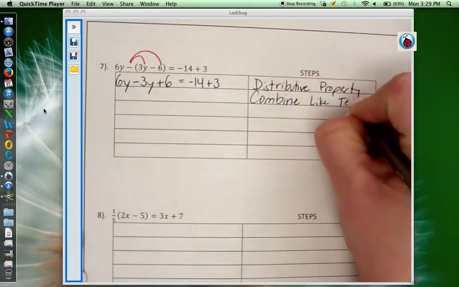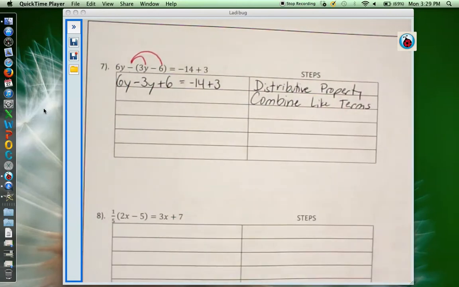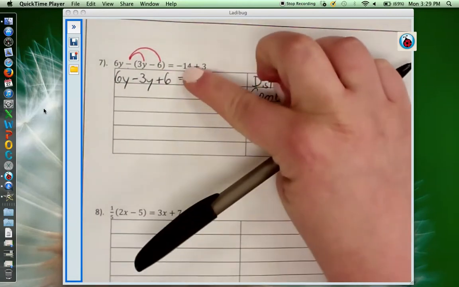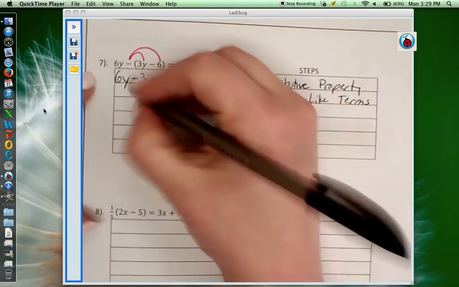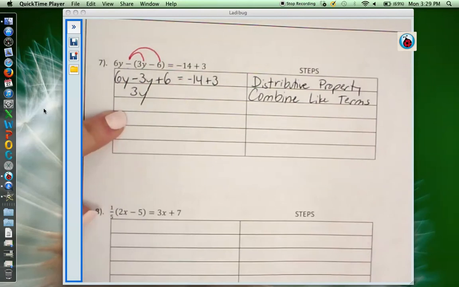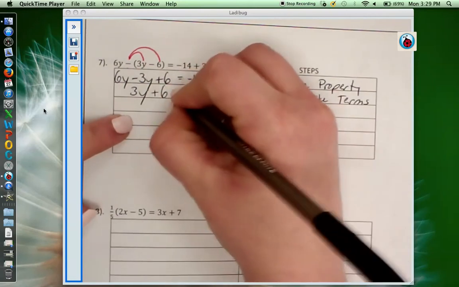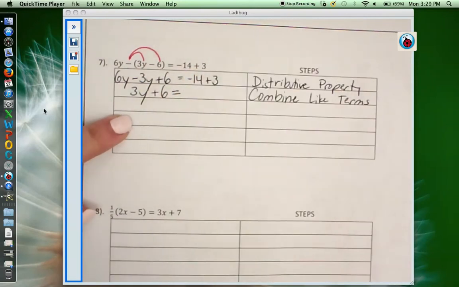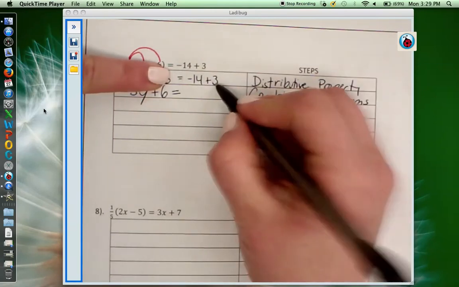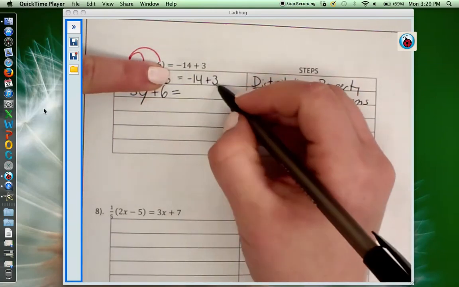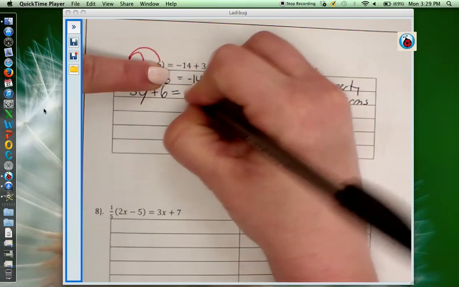I'm going to combine the like terms on each side. So on the left side, the like terms that I have are 6y and minus 3y. Those combine to 3y. Still have plus 6. On the right side, the like terms I have are negative 14 and plus 3. Negative 14 and positive 3 combine to negative 11.